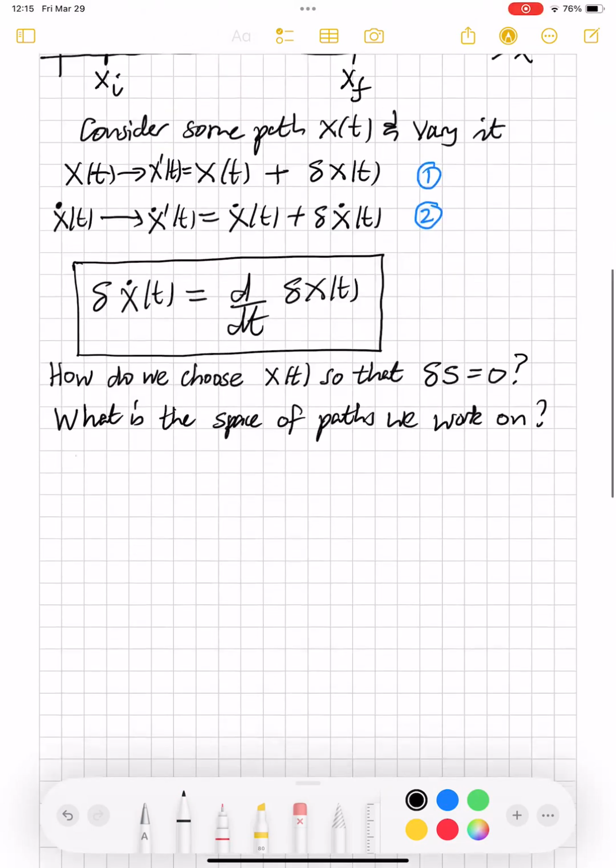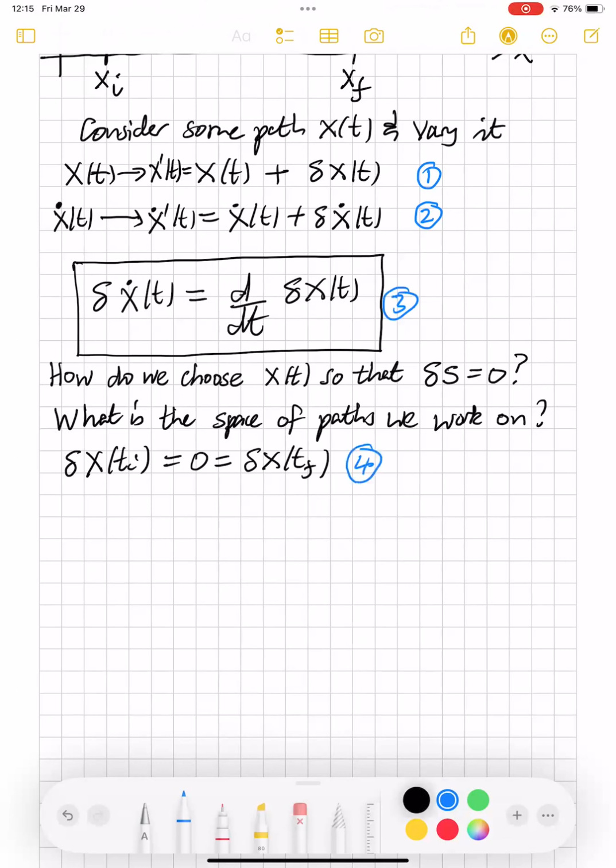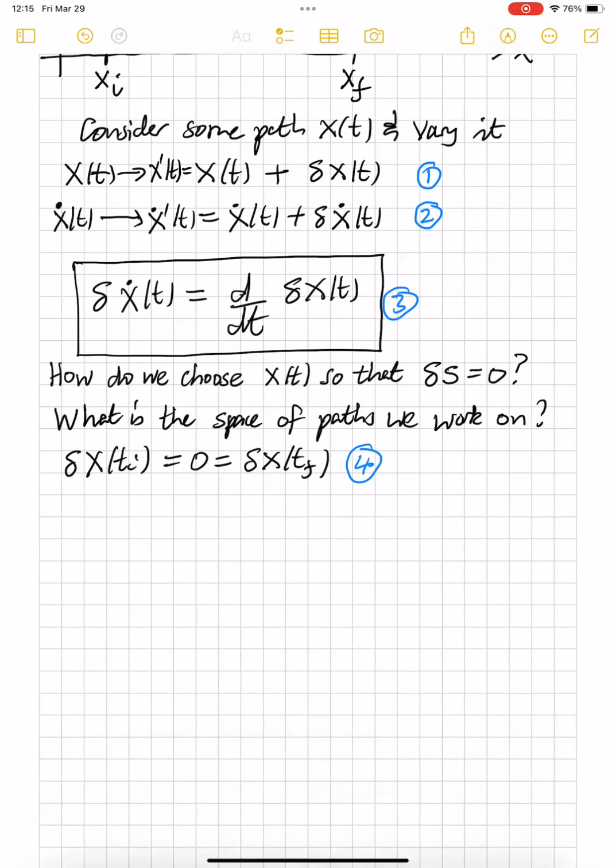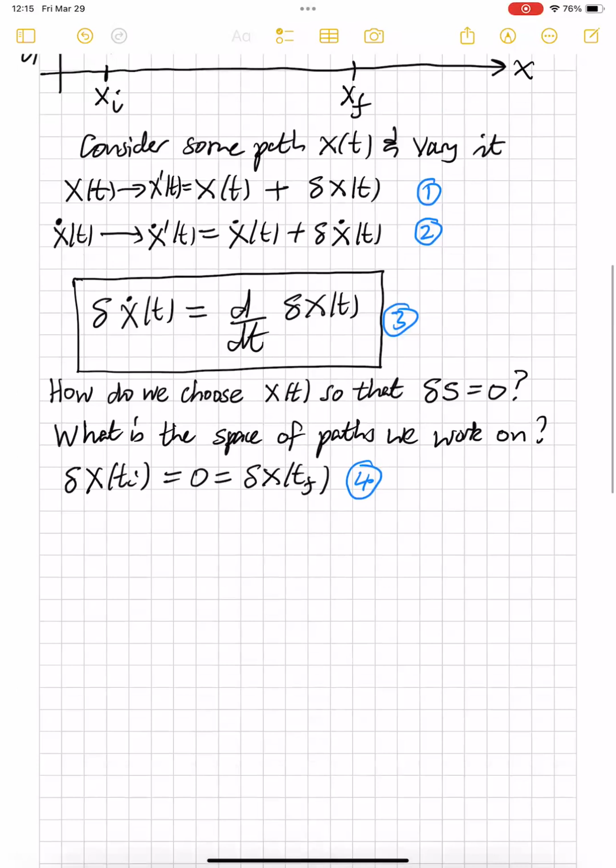So I get one more condition, which is that delta x at the initial time vanishes, as does delta x at the final time. So this is an important equation. In fact, let's call this equation 3, and let's call this equation 4. Good. Okay, so we know what space we're working on, space of paths. We know exactly how the paths are varied, and so we can go ahead now.